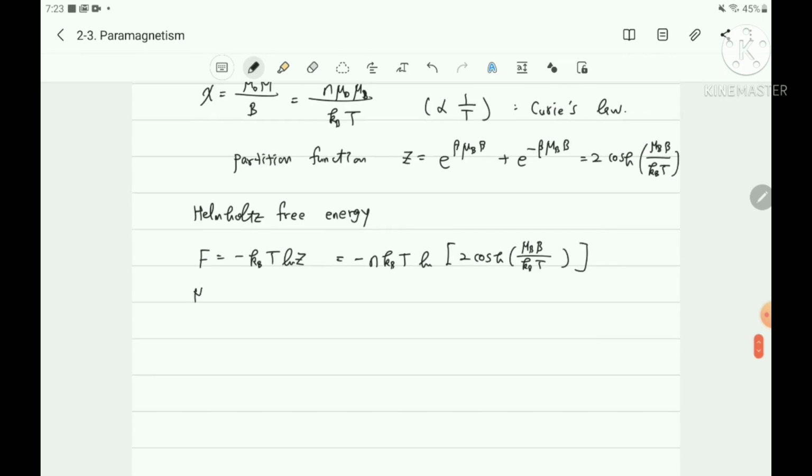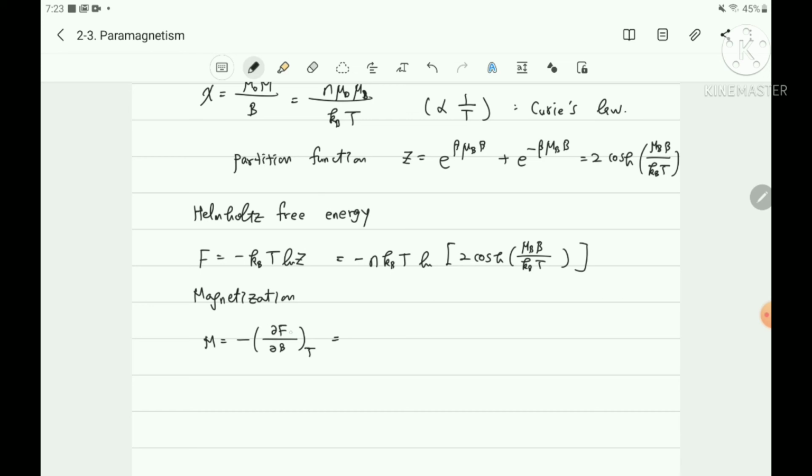The magnetization is the negative partial derivative of F with respect to B at constant temperature. From this definition, magnetization says that when we increase the magnetic field, the free energy decreases; it is the rate of decrease of free energy.